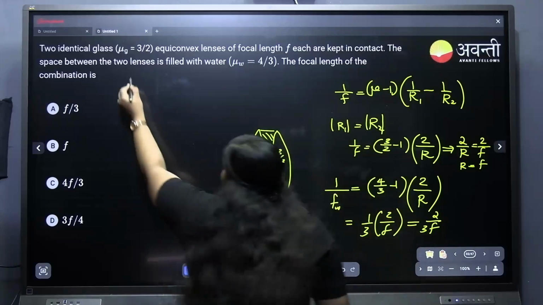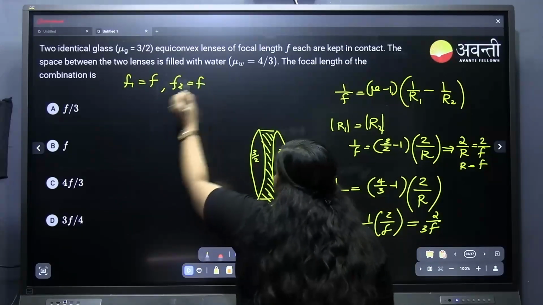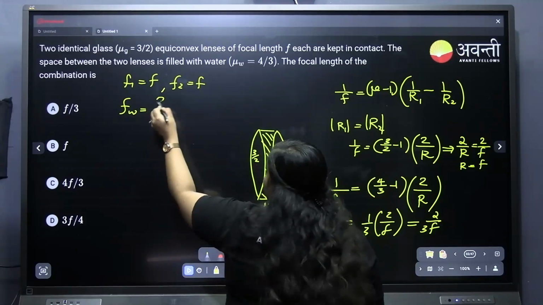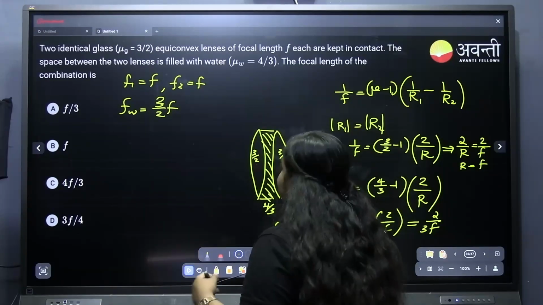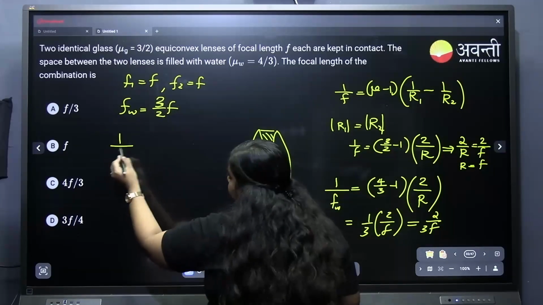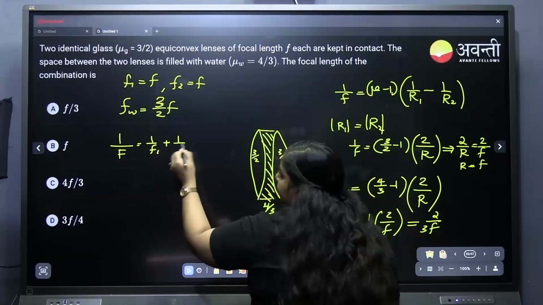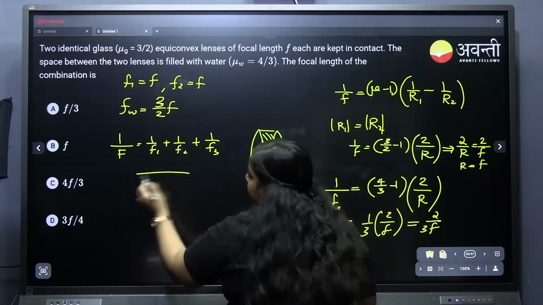So f1 equal to f, f2 equal to f, and the focal length of water is 3 by 2f. Based on this, we can find the final focal length: 1 by f equals 1 by f1 plus 1 by f2 plus 1 by f3.